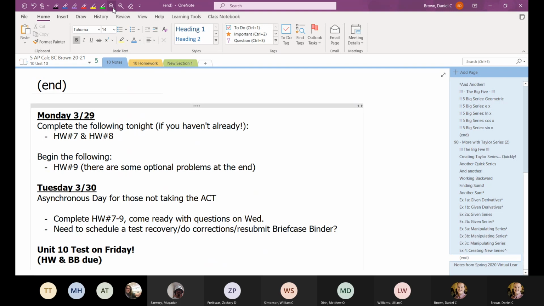Some of you are just going to do the required ones, and that's fine. But one thing with series is I cannot sit up here and do every single type of series problem you can encounter. So there is going to be a lot of learning you're going to have to do just by trying out those different problems. Guaranteed on the AP exam, there's going to be a series question.